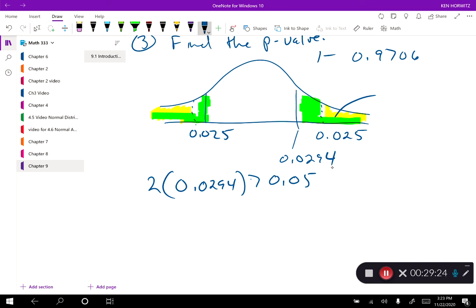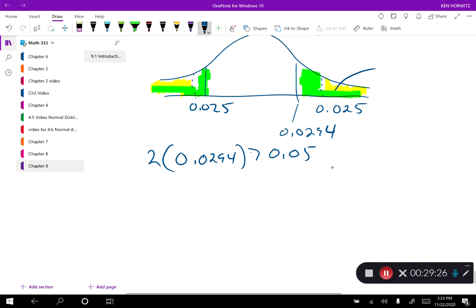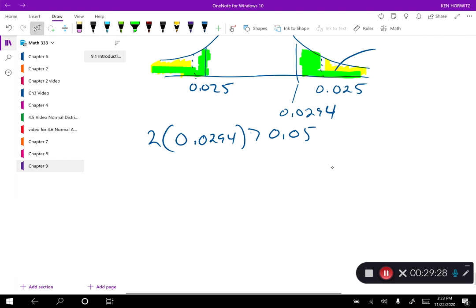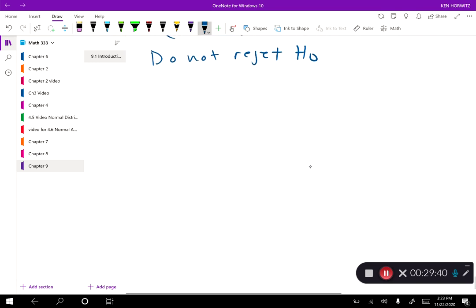If that is true, it is outside my rejection region. So now we have two ways of finding it. So we do not reject the null.